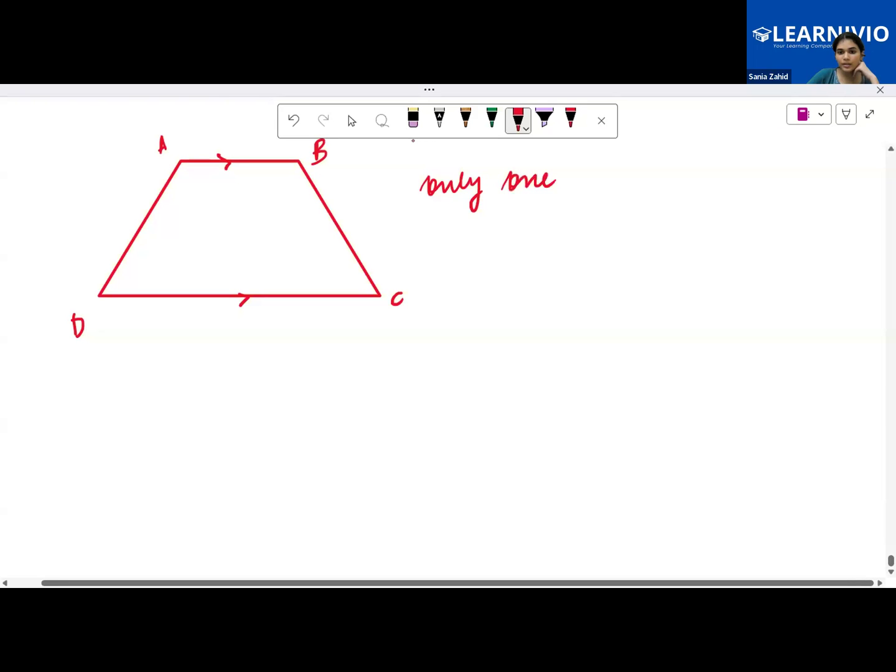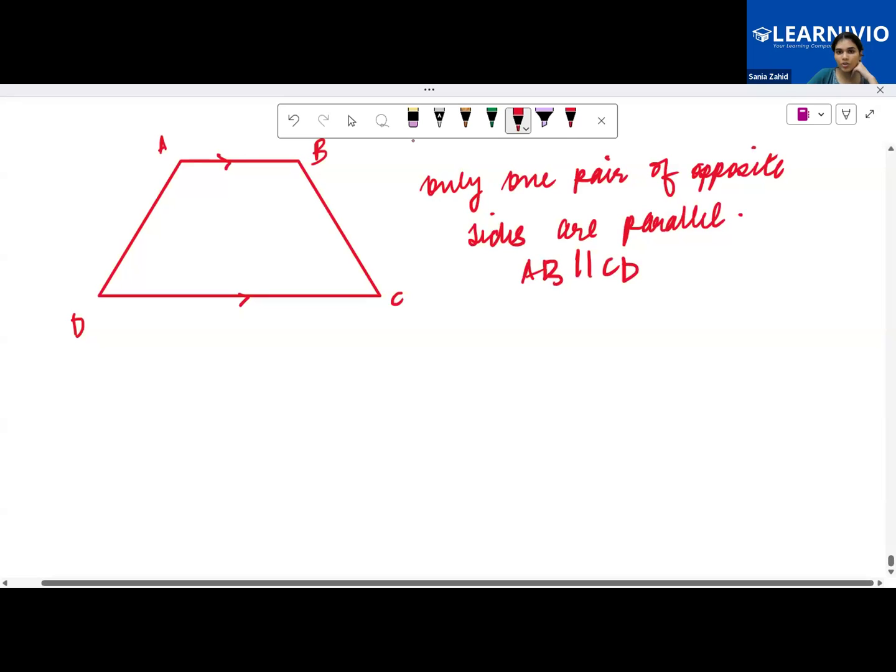Only one pair of opposite sides are parallel.